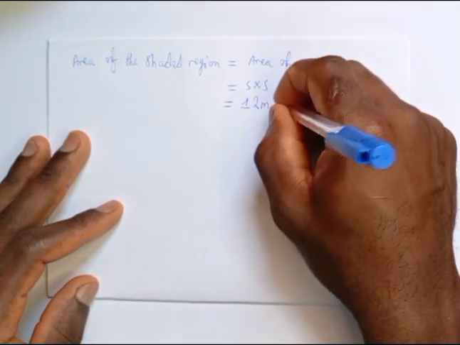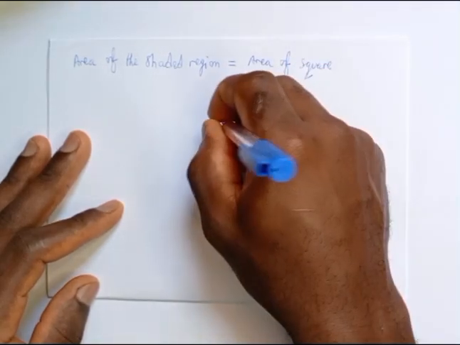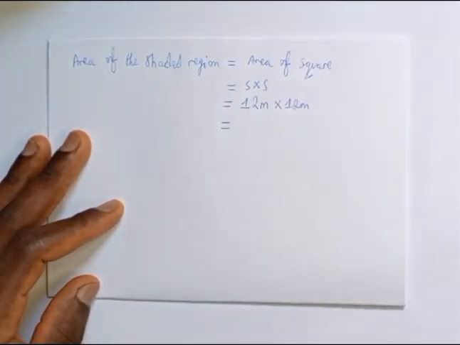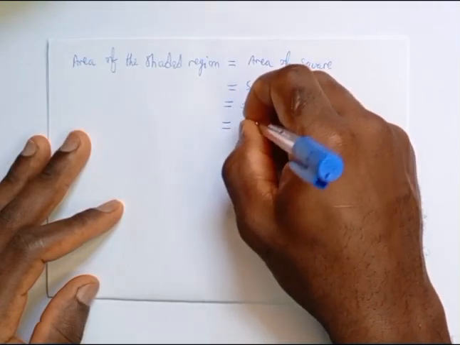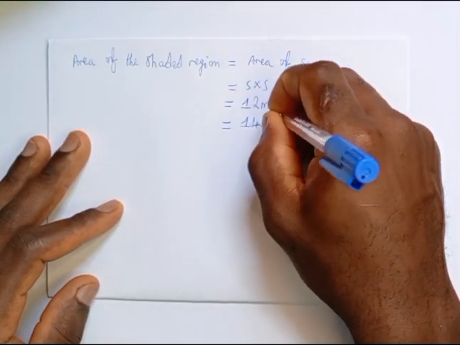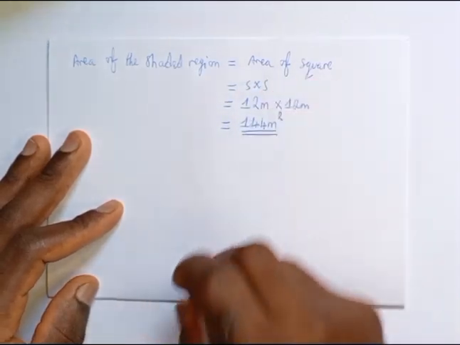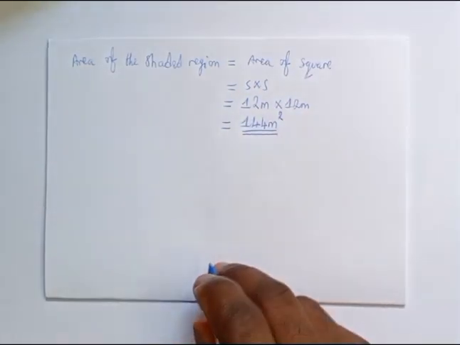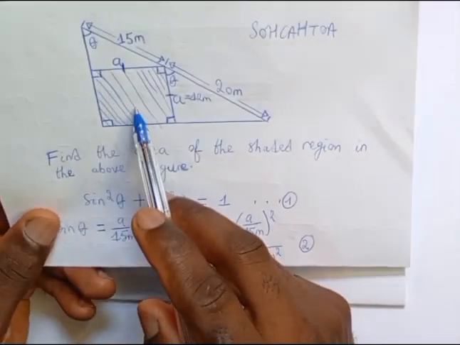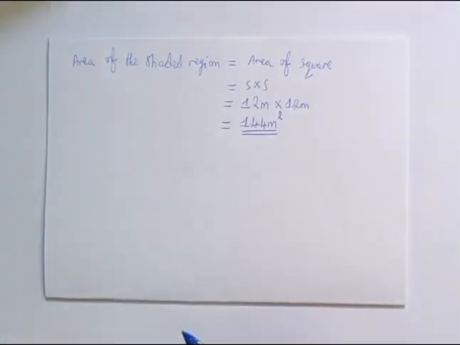We take 12 meters times 12 meters, and this will be equal to 144 meters squared. This is the area of the square, which is the shaded region. We are done with the solution.